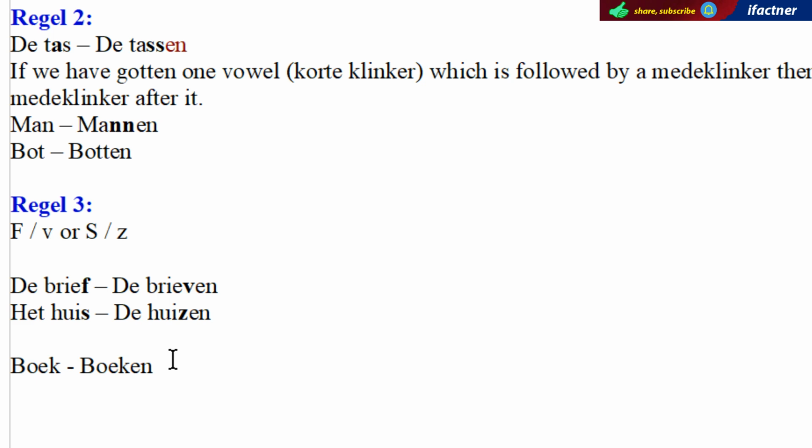Similarly, hand is a hand, it becomes handen. Taxi. Now taxi ends with I at the end, and if we have got I at the end, then we know that we have to add apostrophe S at the end of the word.